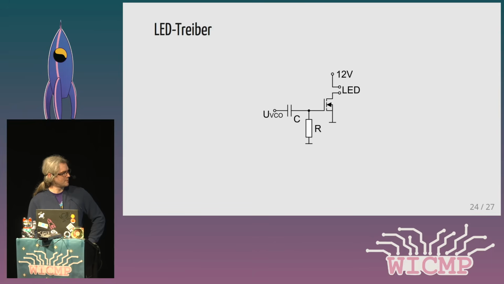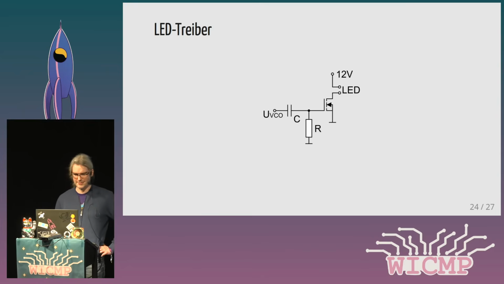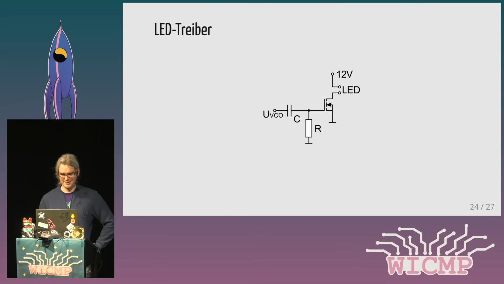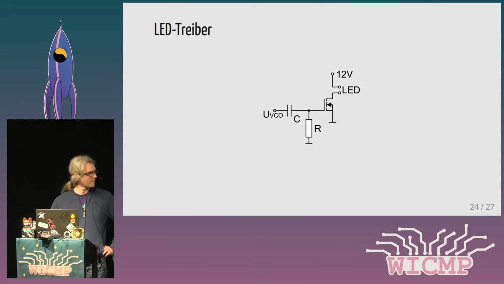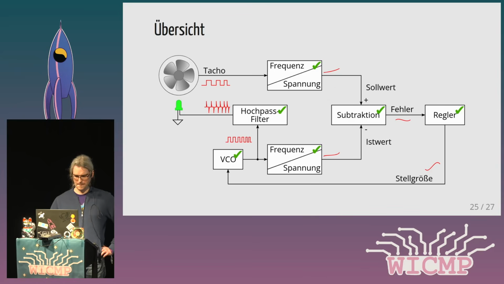For each rising flank of the VCO signal, we get a pulse through the resistor, and this increases the voltage at the gate, which turns the LED on for a very brief time, and then it goes out again. A falling flank does not change anything. So we have a very small and efficient pulse generator for the LEDs.